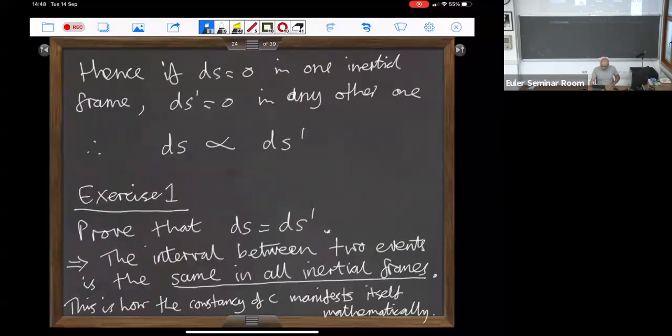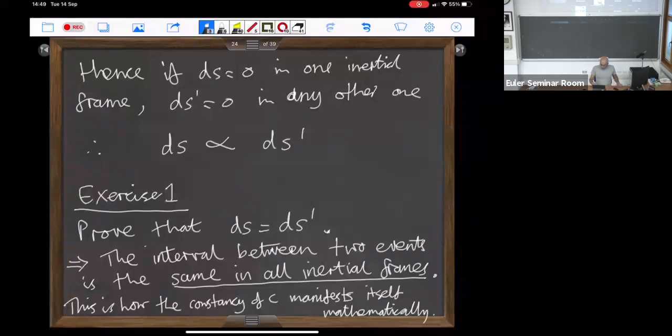Now, if the infinitesimal interval is 0 in one inertial frame, it has to be 0 in any other inertial frame. And that actually means that ds has to be proportional to ds prime.